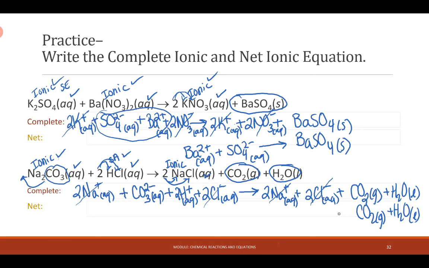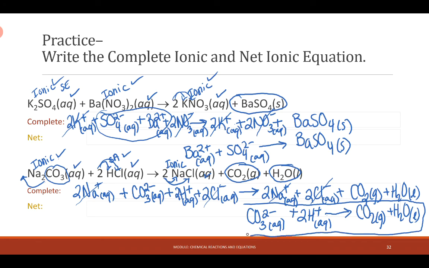I'm going to go ahead and move my reaction arrow closer. And then I just need enough room for me to write CO3 2 minus, aqueous, and 2H plus, aqueous. And so you can see that for my net ionic equation, this is balanced.